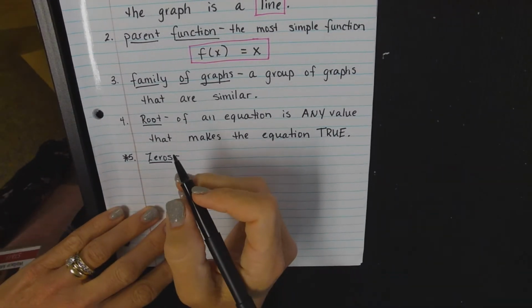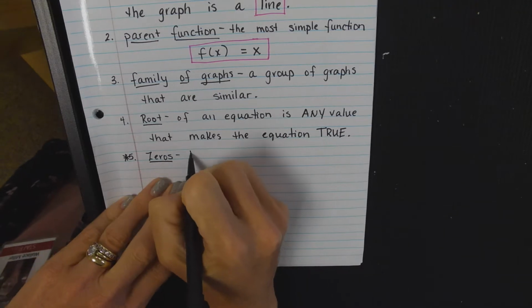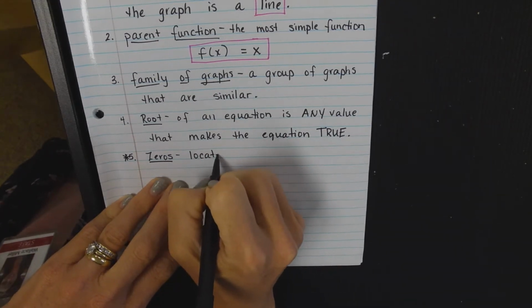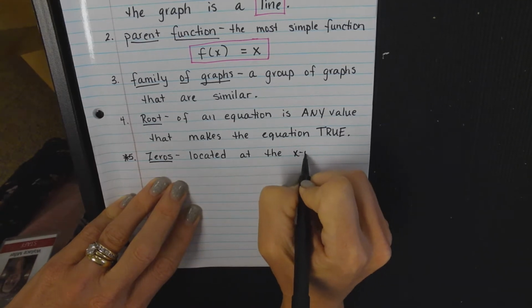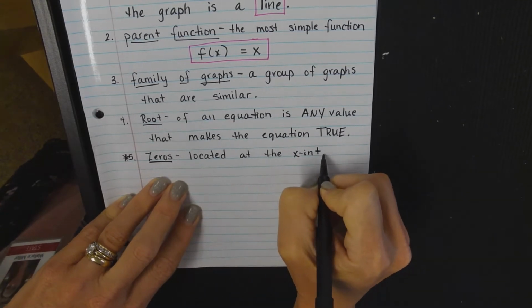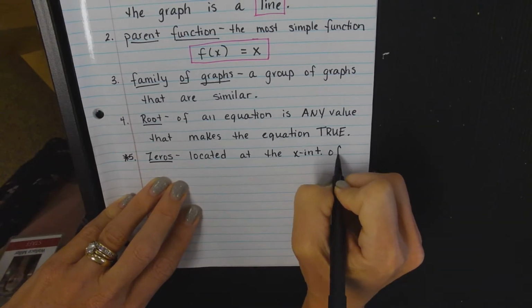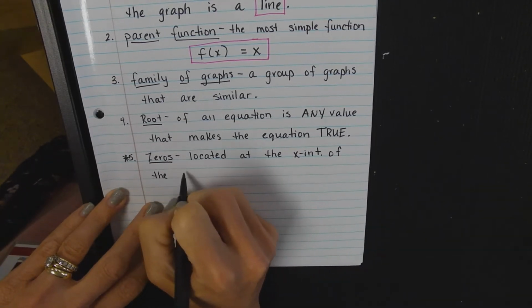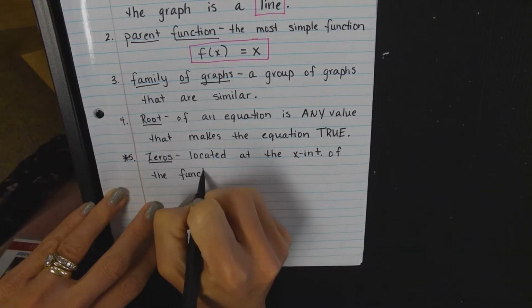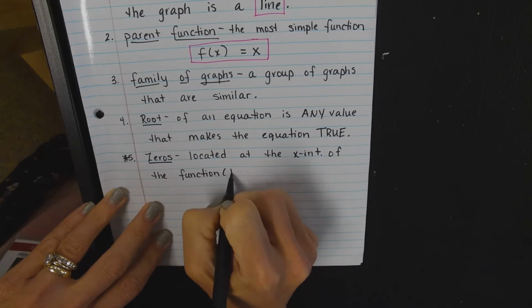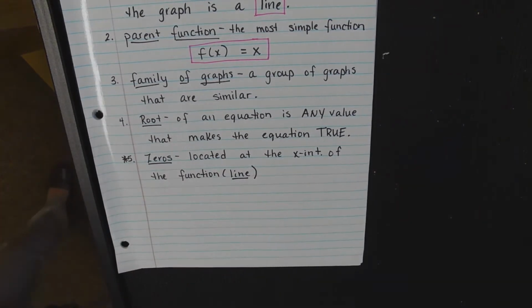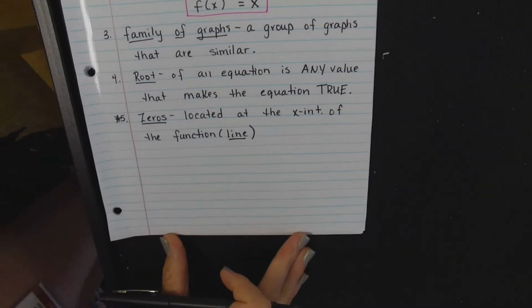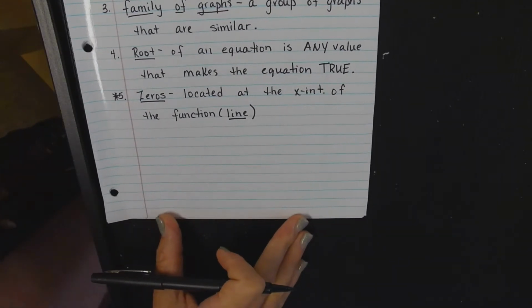Zeros located at the x-intercept of the function, which is just a fancy word for now of saying line.